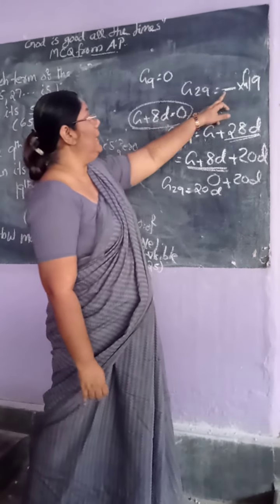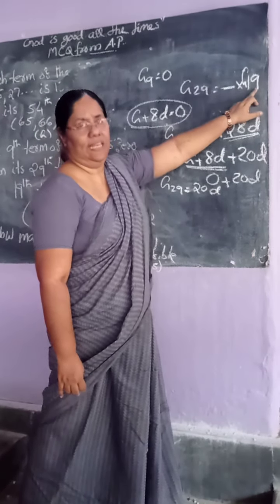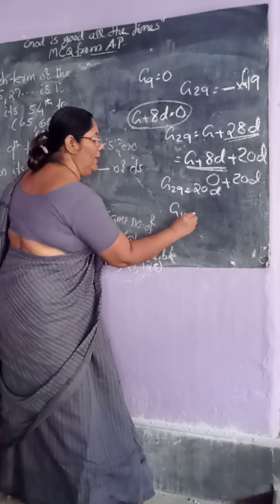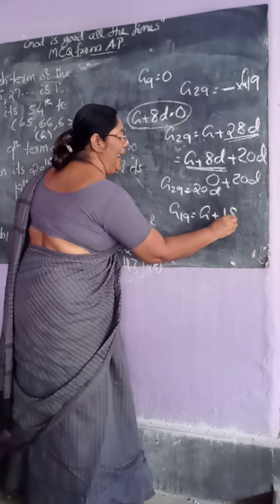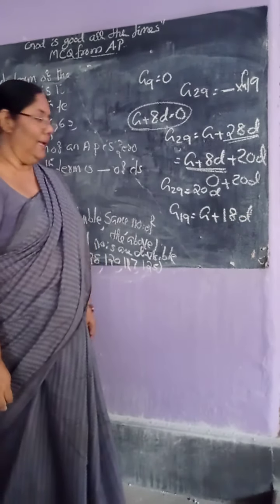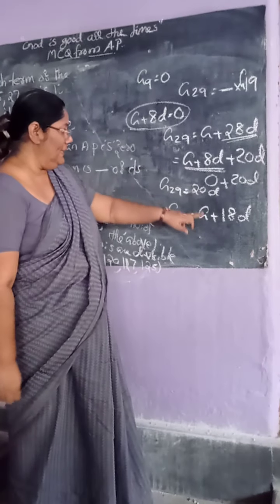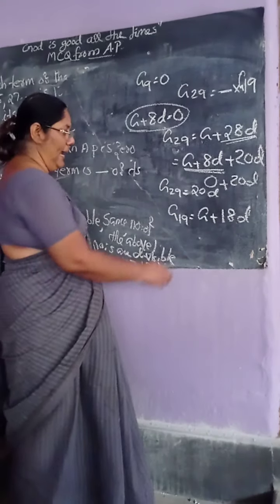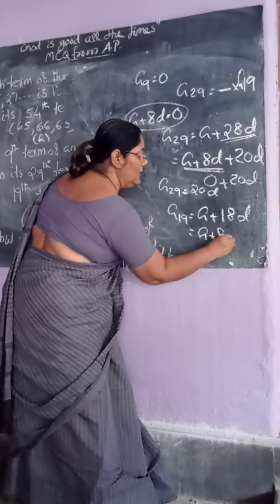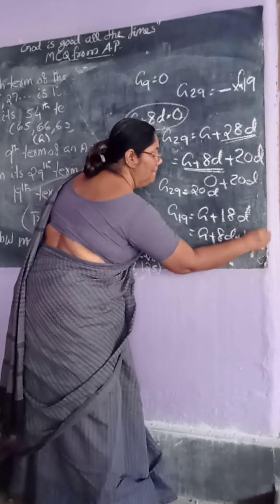Then next we need A19. Right? A19 equal to A plus 18D. How can you split that 18D? A plus 18D means A plus 8D plus 10D.